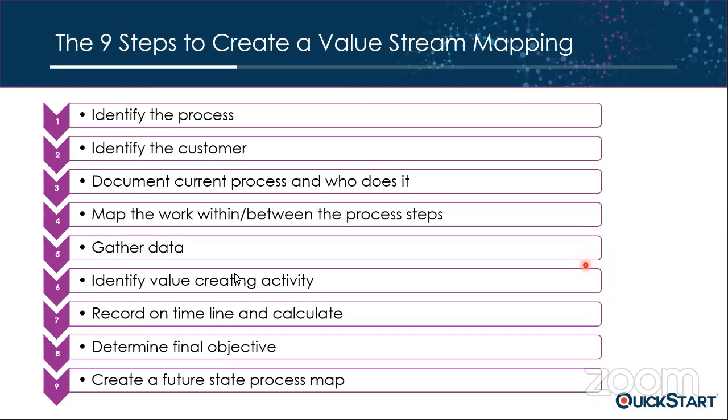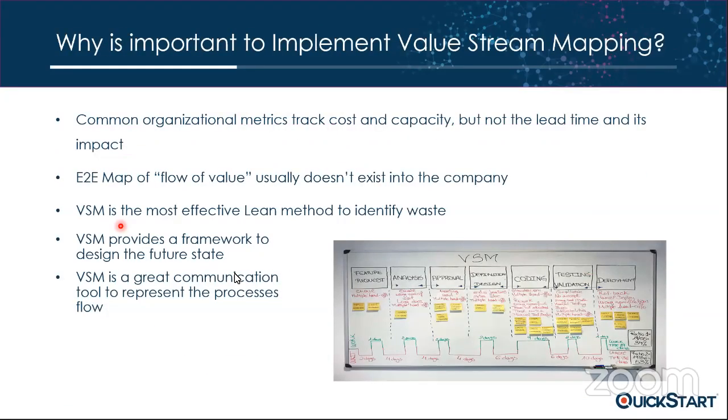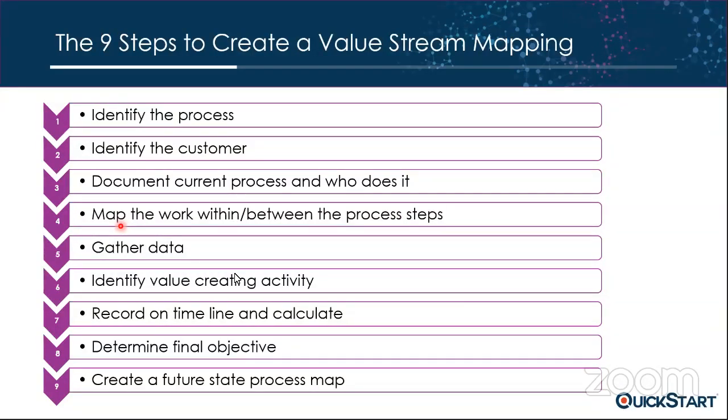So we need to involve the tester in our development as a customer as well. Then document the current process and who does it, for sure. Map the work between the process steps. This is, let me come back here, the elapsed time. So we need to document what is happening between the processes, not only within the process. What is happening between?